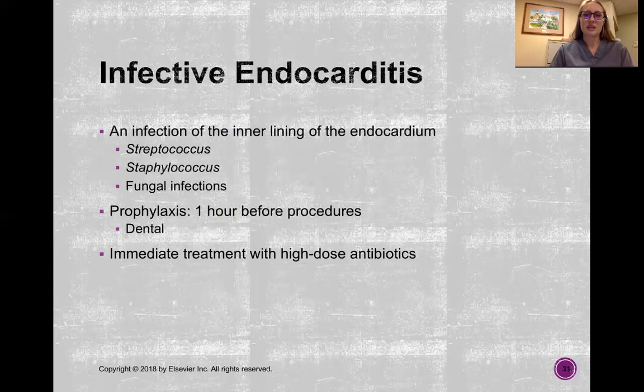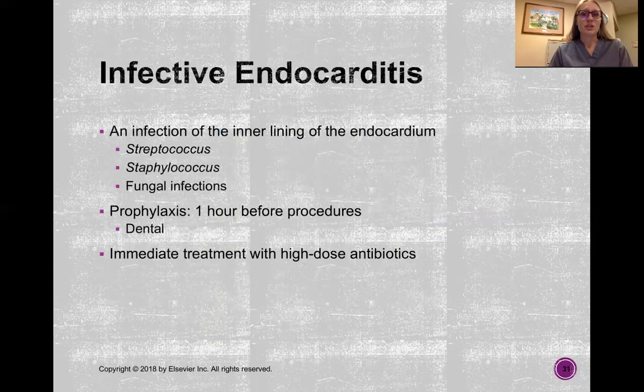So it is very dangerous, and we're going to treat very quickly with high-dose antibiotics. We also are going to take a look at the heart with an echocardiogram and make a determination about whether there was damage to the tissue and potentially replace any valves that were damaged with the endocarditis.